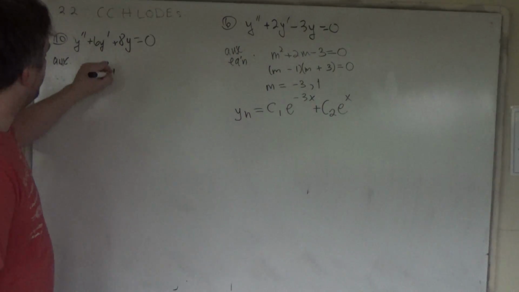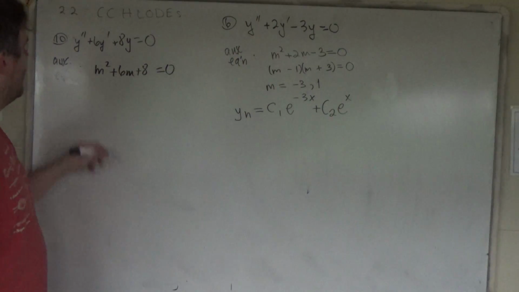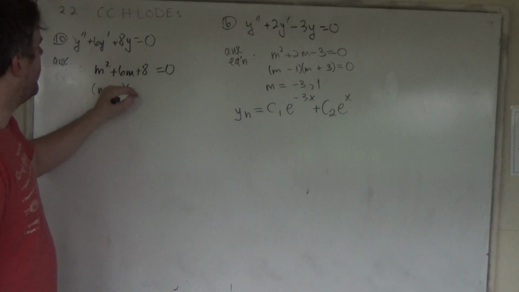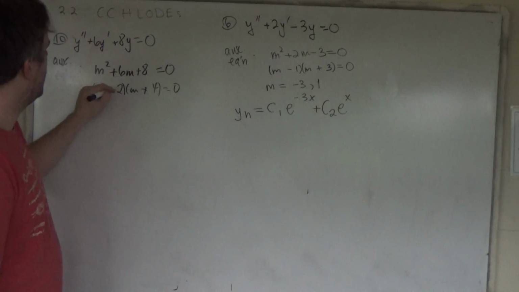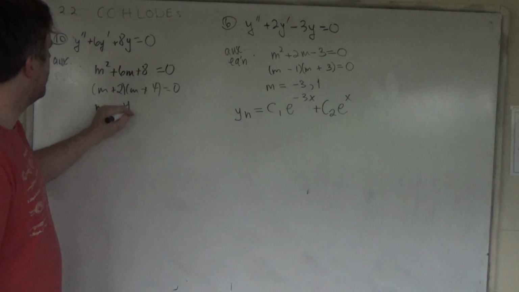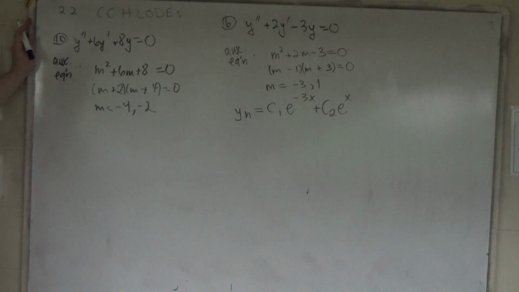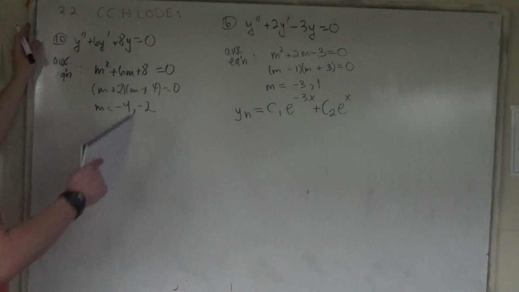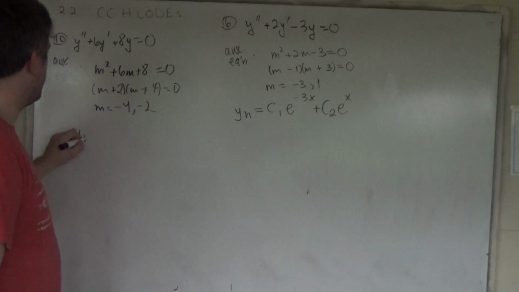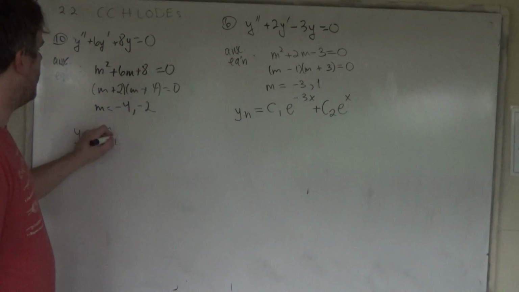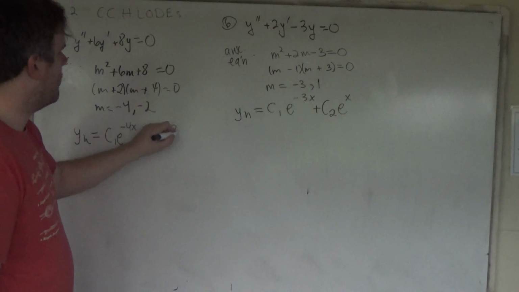In this case, it's m squared plus 6m plus 8 equals 0. And this one, once again, factors. And we get roots m equals -4 and -2. Since these are, once again, distinct real numbers, the homogeneous solution, y sub h, is C1 e to the -4x plus C2 e to the -2x.